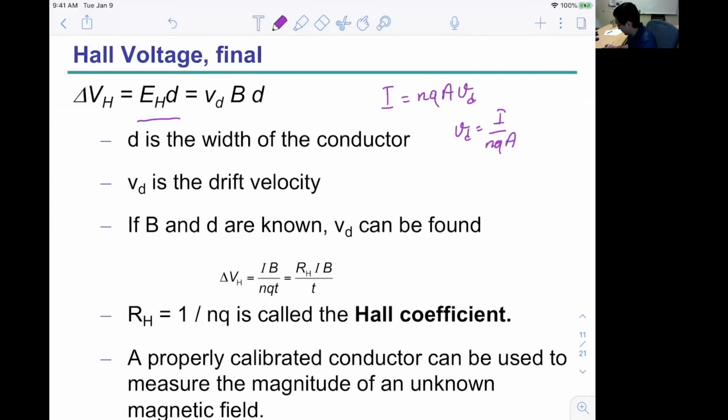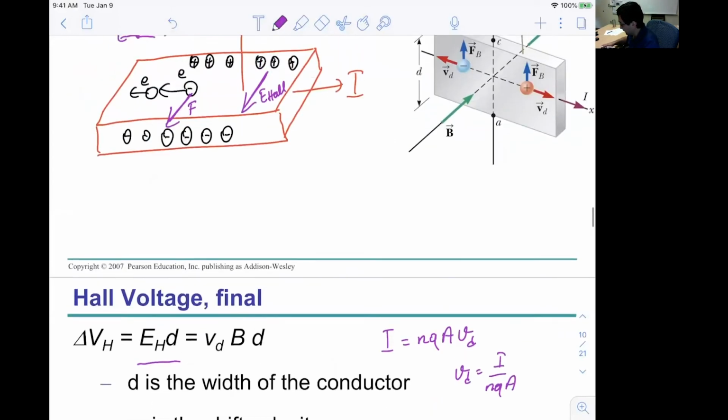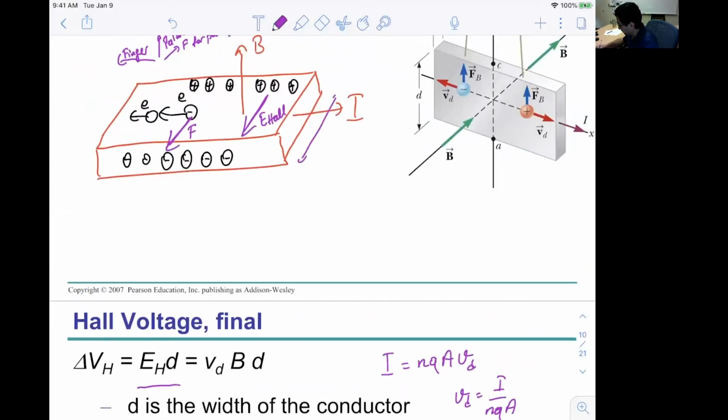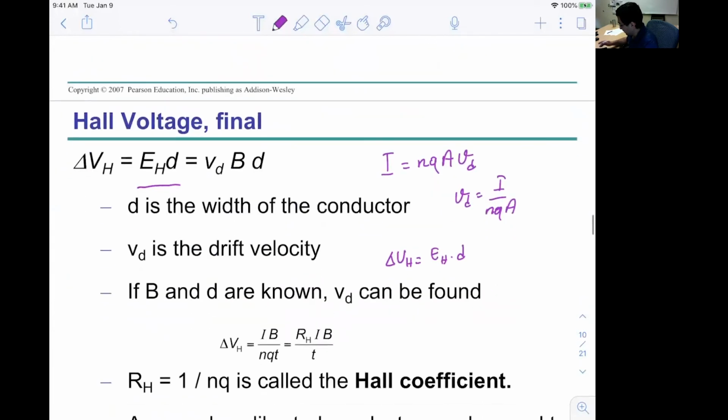So delta V is the Hall voltage, which depends on the electric field times the distance, this distance. Then the electric field is going to be in balance, right?